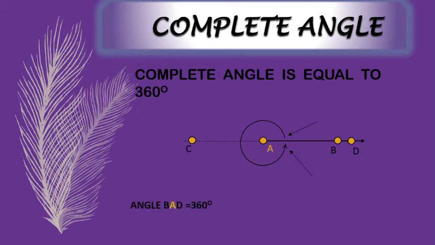So this angle BAD is equal to 360 degree. You can name it in any way. So complete angle is an angle which is equal to 360 degree, means a complete turn. Let's move to the next slide.